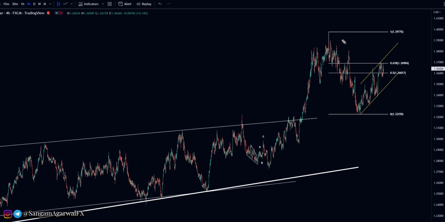Once this pair makes a lower low and lower high, that will be clear confirmation of a dollar trend reversal, but for a beginner trader that will be too late.